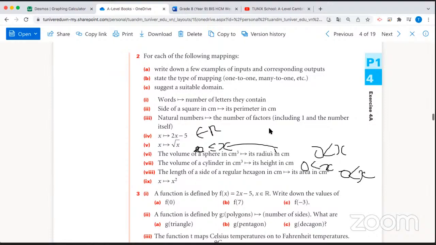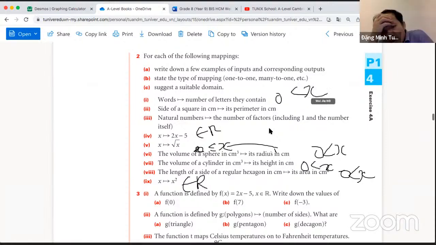X squared is positive, definitely. No, we don't need any domain restriction for x. We can take any real number, because the domain just means we care only about the suitable values of x.